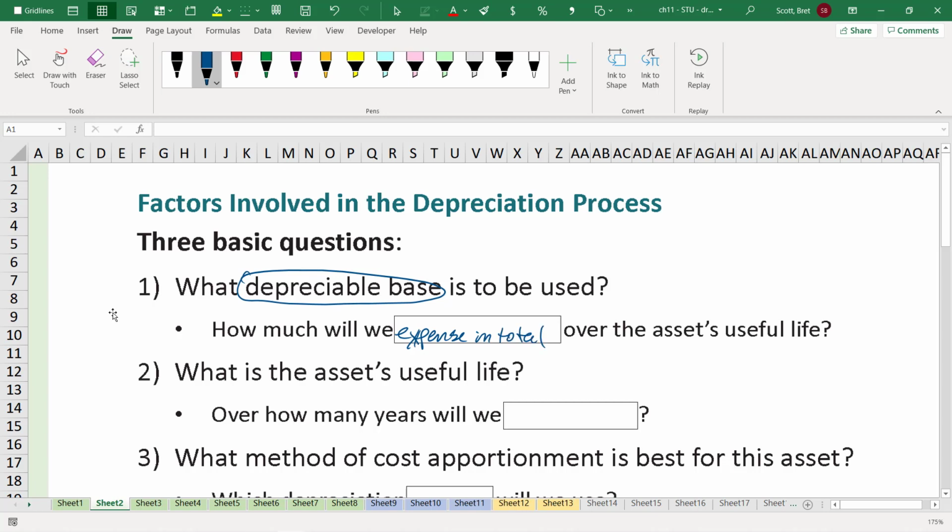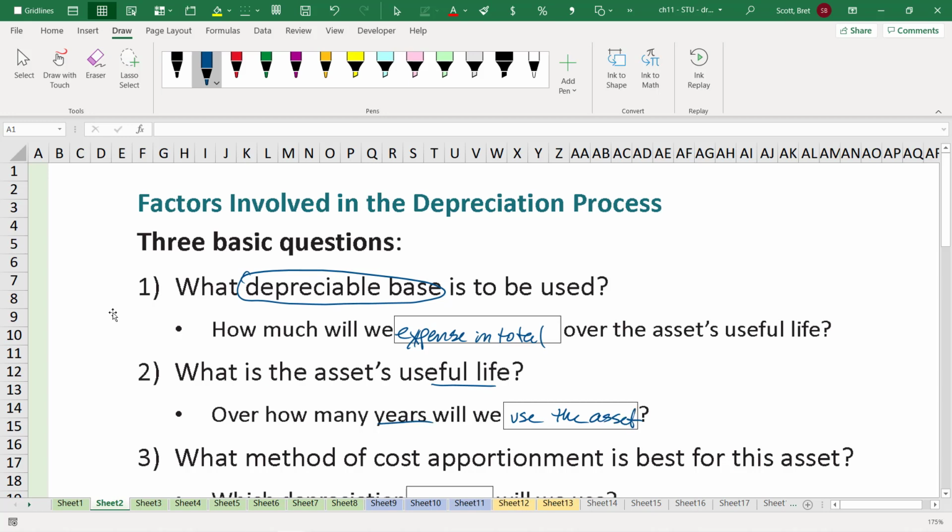In other words, if we spend $100,000 for a piece of equipment, will we expense all of the $100,000, or potentially will there be some residual or salvage value at the end, meaning that maybe we only expense $90,000 of the overall $100,000? The second question is, what is the asset's useful life? In other words, over how many years will we use the asset?